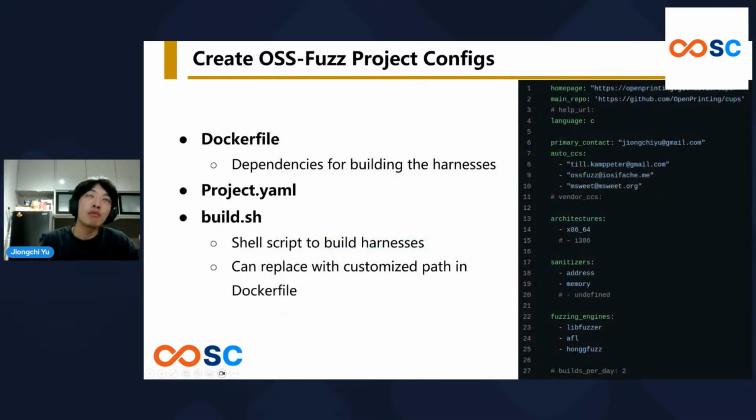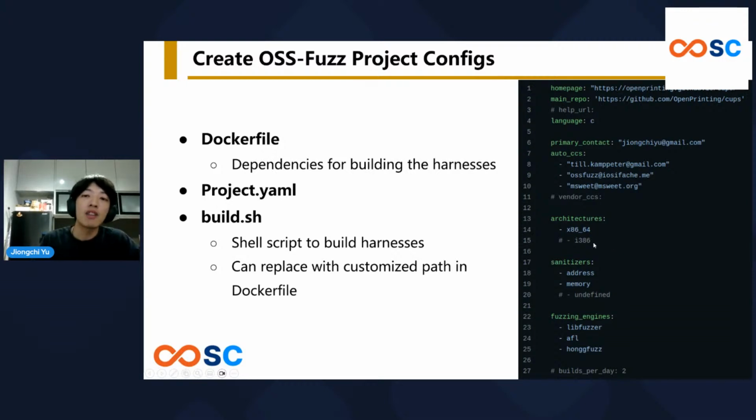After you have prepared your fuzz harness, you should create a project configuration in the OSS-Fuzz repo. It contains three main components. The Dockerfile contains the dependencies for the building and running Docker container, and the project YAML file contains the building information, and the build shell script is used to compile the harness we prepared.